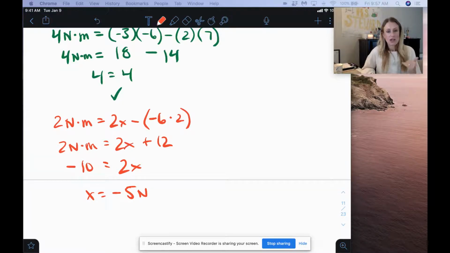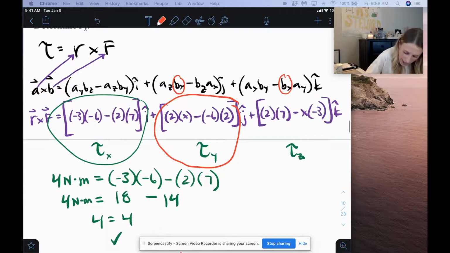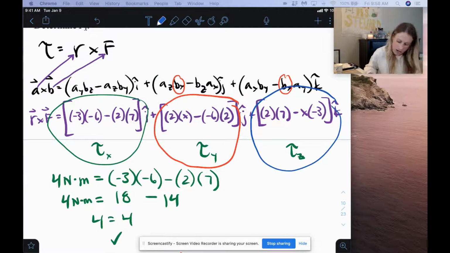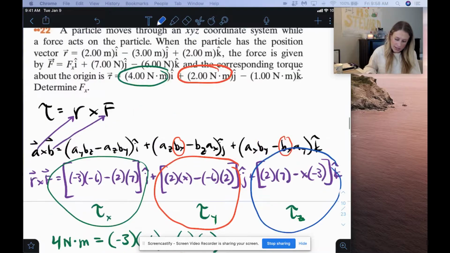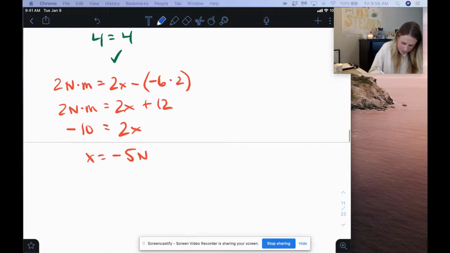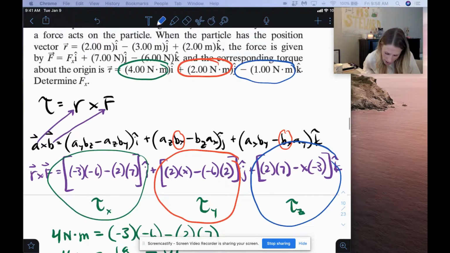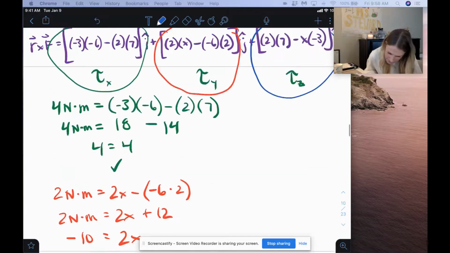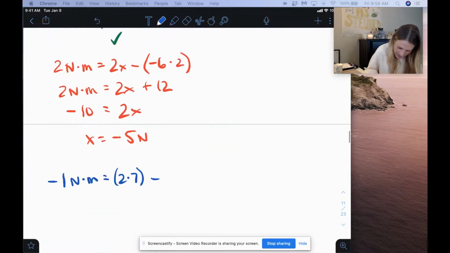However, let's check our work with the z direction just to make sure we're doing this correctly, okay? I'm going to do this in blue. So now we're going to check our work in the z direction. We get the torque in the z direction, which is equal to a negative 1 newton times meters. So negative 1 newton times meters is equal to 2 times 7 minus x times negative 3.